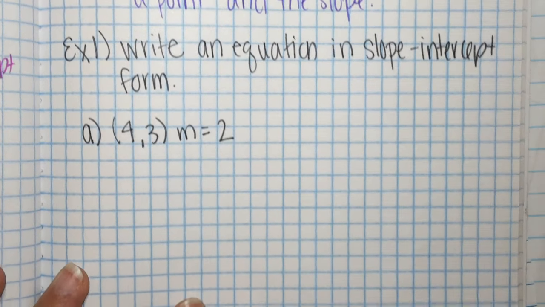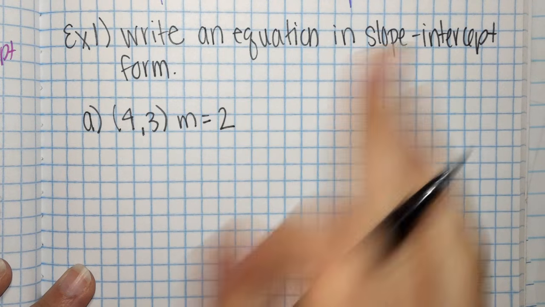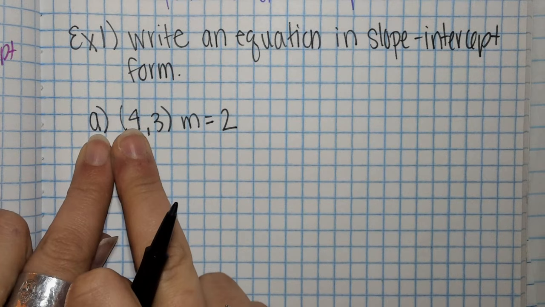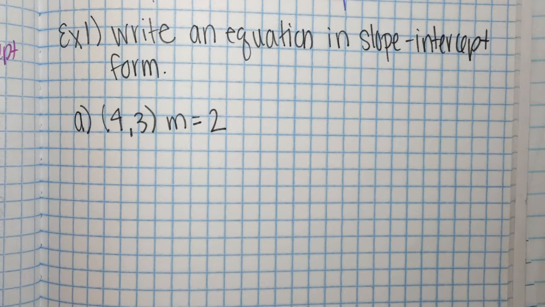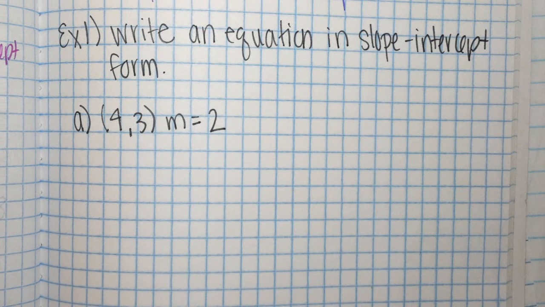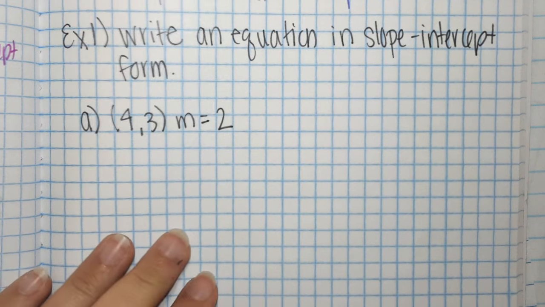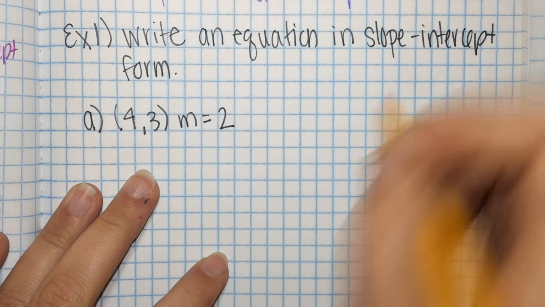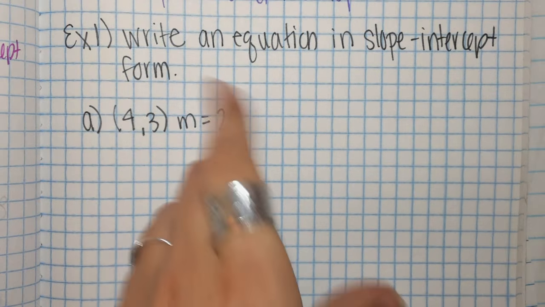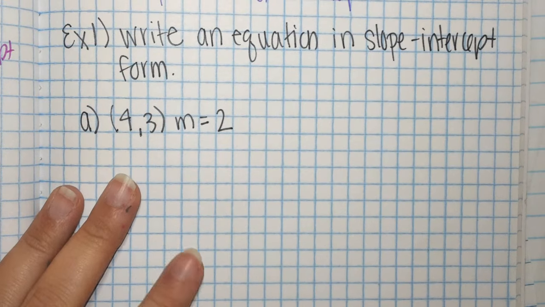Okay, so we are going to write an equation in slope-intercept form. Our point is (4, 3), and our m equals 2. Now, who can raise their hand and tell me what slope-intercept form is? Just the generic slope-intercept form.